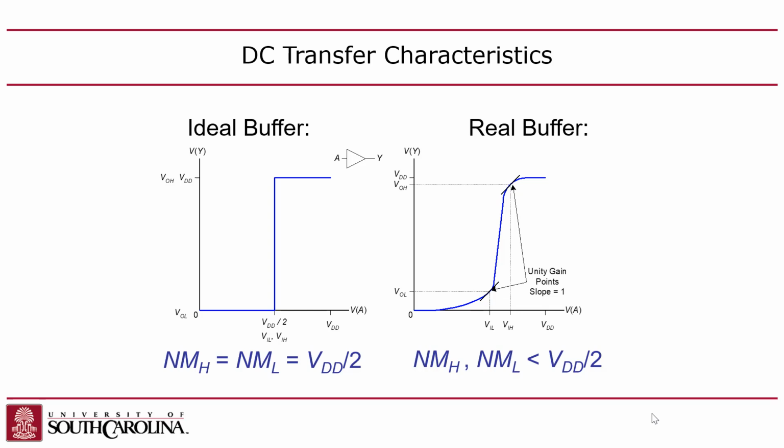Does that make sense? So in other words, the point is that there's a fairly small gap between VIL and VIH as compared to VOL and VOH. This is the logic 0 and logic 1 for the output of a gate.